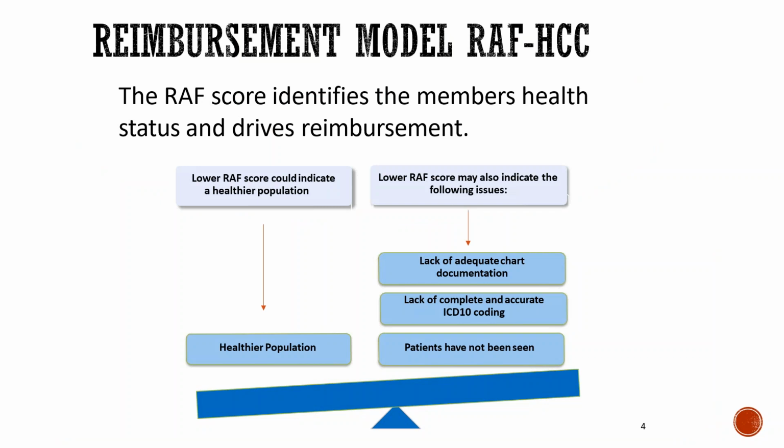Just quickly, you've probably heard or seen the term RAF. Risk adjustment factor is the score of the member, adding up the score of all the member's diagnoses. This identifies the member's health status and shows what's truly going on with the patient. A lower RAF score for a patient could indicate that the patient is healthier, or a lower RAF score for a population like an ACO could indicate a healthier population.